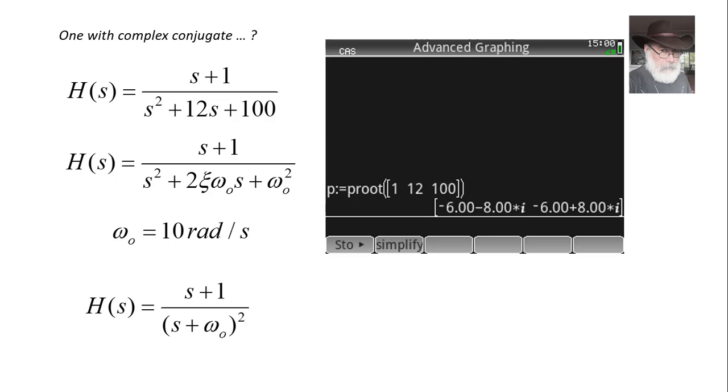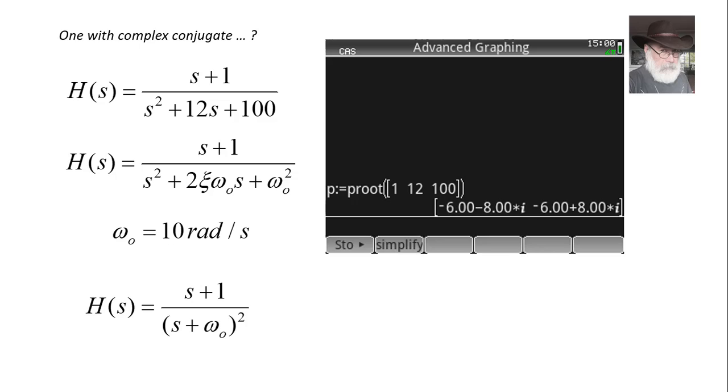Replace that quadratic polynomial with the term that we see here at the bottom, s plus omega naught, the whole thing squared. We are replacing the two complex conjugate poles, one at negative 6 plus j8 and one at negative 6 minus j8, with a pair of real poles at 10 radians per second.